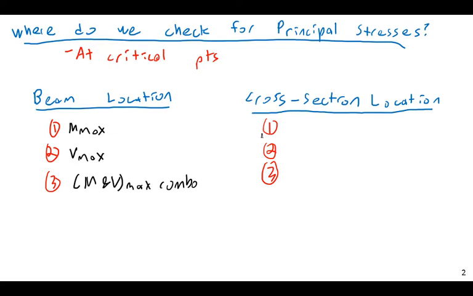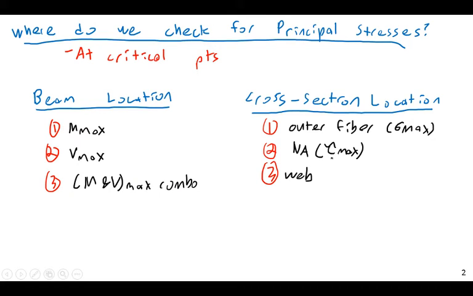Then, there are 3 critical locations. One, the outer fiber, where you have sigma max, where your normal stress, or your bending stress, is going to be the max. 2, the neutral axis, where shear stress is going to be max, tau max. And finally, the web flange intersection for, say, W sections.